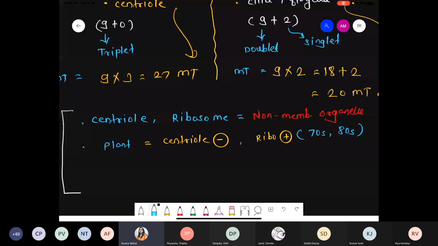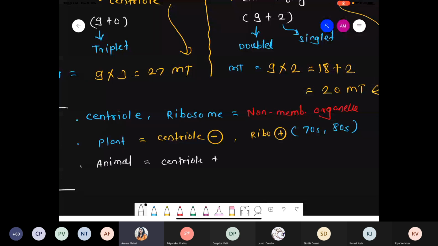Now when you compare this point with the animal, in animals both are present: the centriole is present, and the ribosome structure is also present. Similarly, the 70S type of ribosome is present, as well as the 80S type.